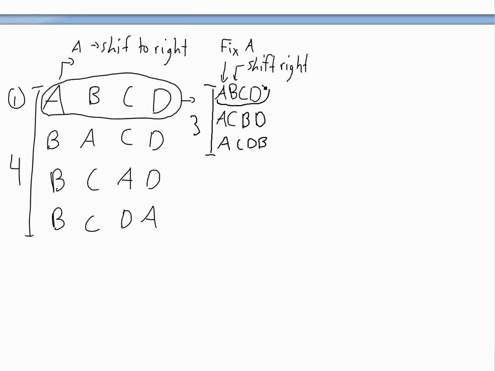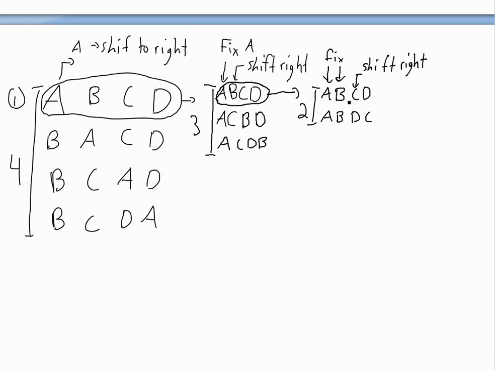But now if we take this one here, we can do every single one. We'll fix A and B now, just to show you different ways of sorting this one. If we fix these two by making them stationary, not changing, and now we shift the C to the right, we'll just get A, B, D, C. So there's a diagonal across there, and this one has 2.